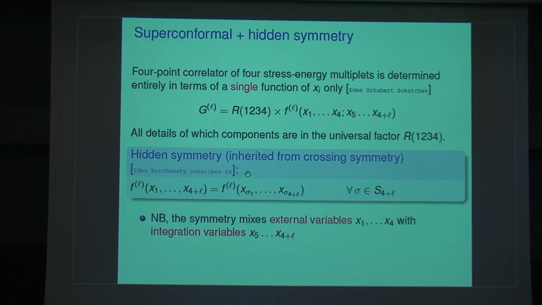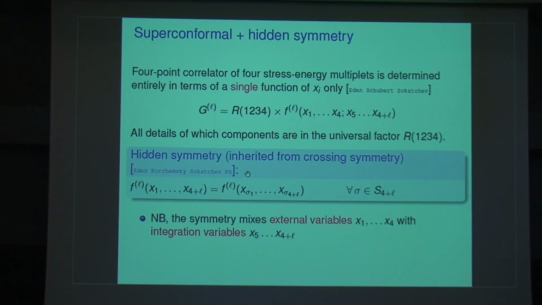And this is the quantity that I'll be looking at. It's just called F. It depends on your four external positions, and because this is an L loop object, it has L integration variables. I label these rather suggestively x5 up to x4 plus L.